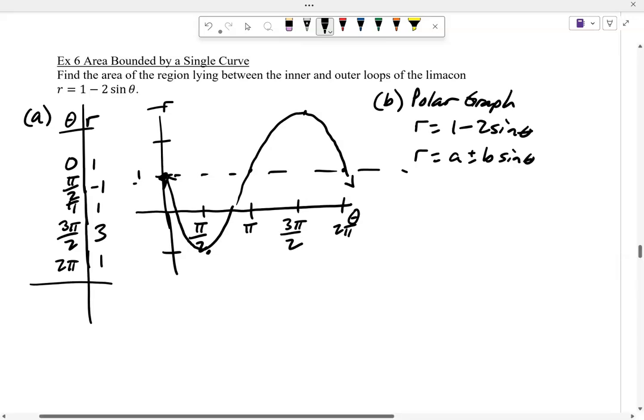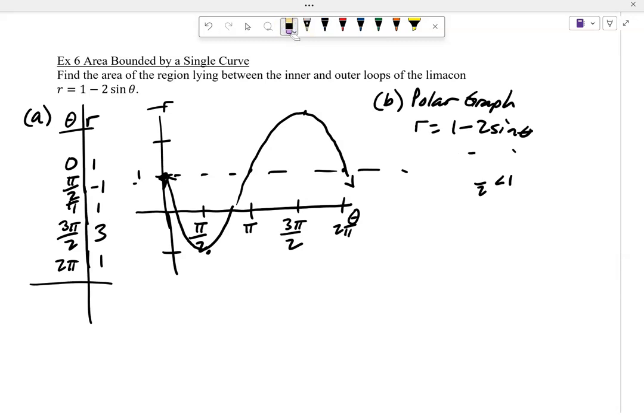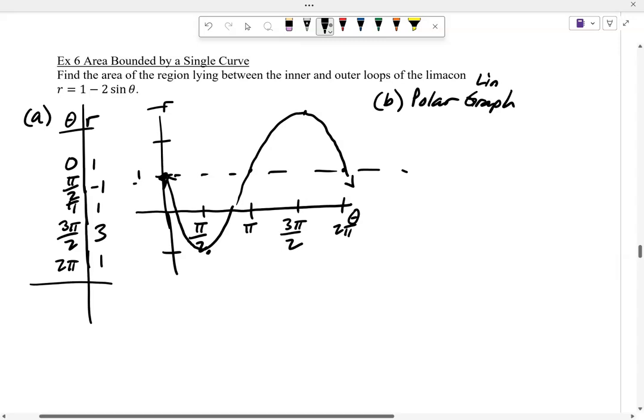And notice the a over b, the a is 1, the b is 2, is less than 1. And so it's a limaçon with an inner loop. So I'm going to write that. This is a limaçon with an inner loop because that a over b is less than 1.